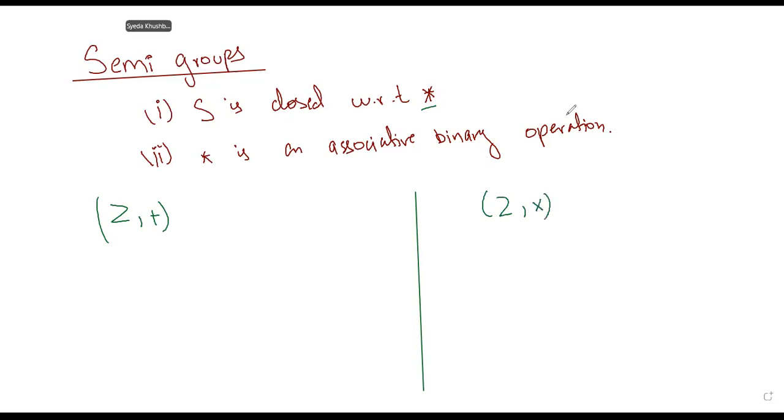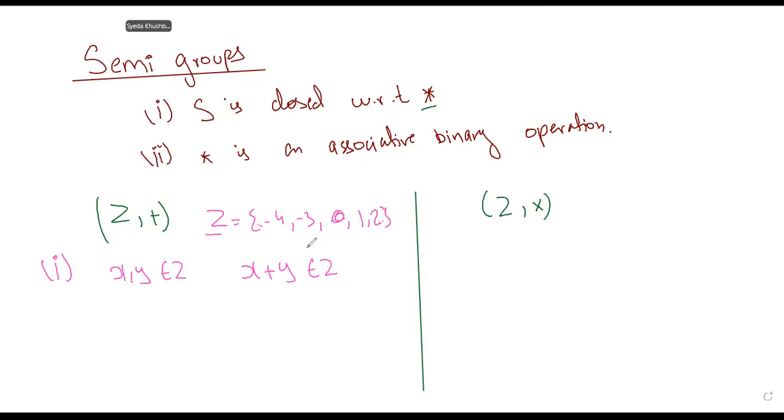To check the first property, we pick any two numbers x and y belonging to Z, and we want x plus y to also belong to Z. Right now in the set of integers, we have all the positive and negative whole numbers as well as 0.